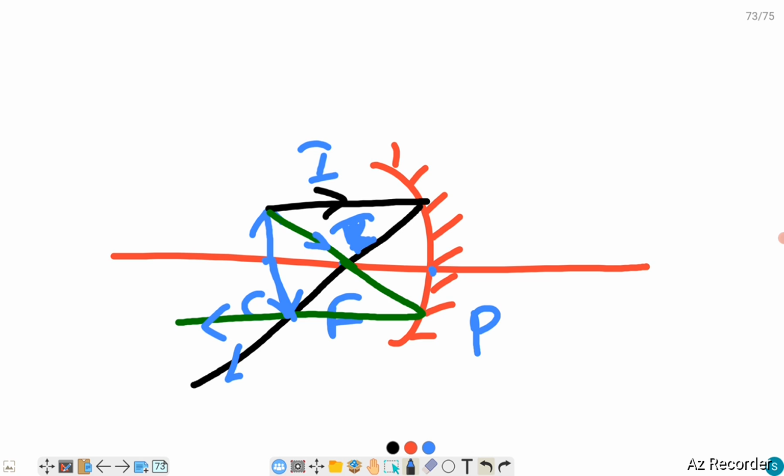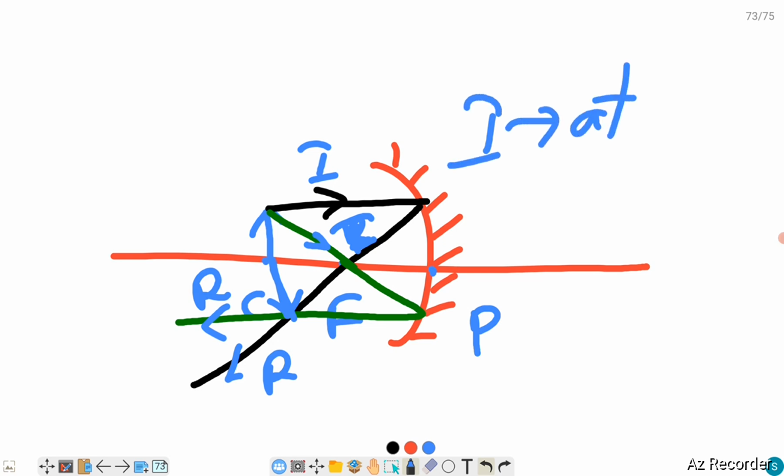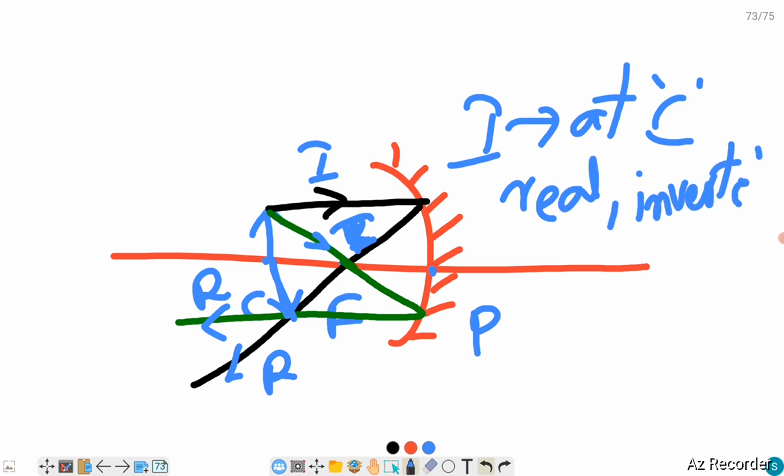So these two are incident rays and these two are reflected rays. Now the image is also forming at C only, and it is a real, inverted image, and then we have the same size. Understood?